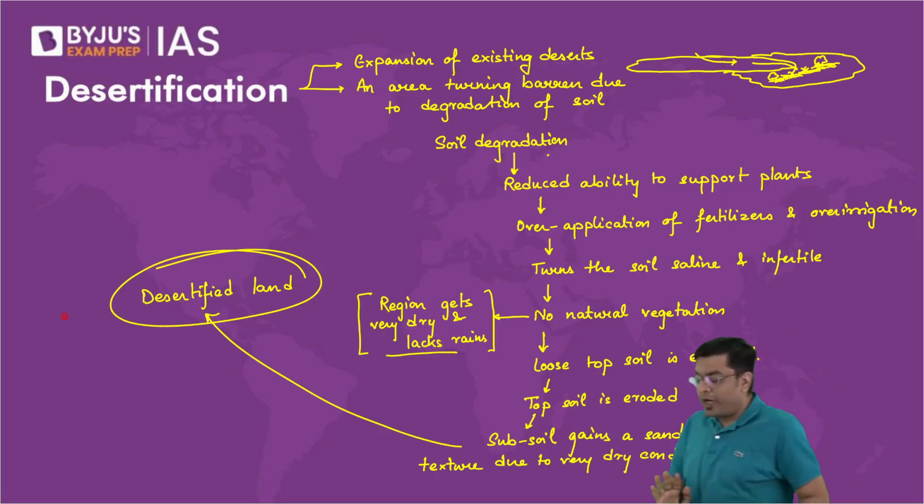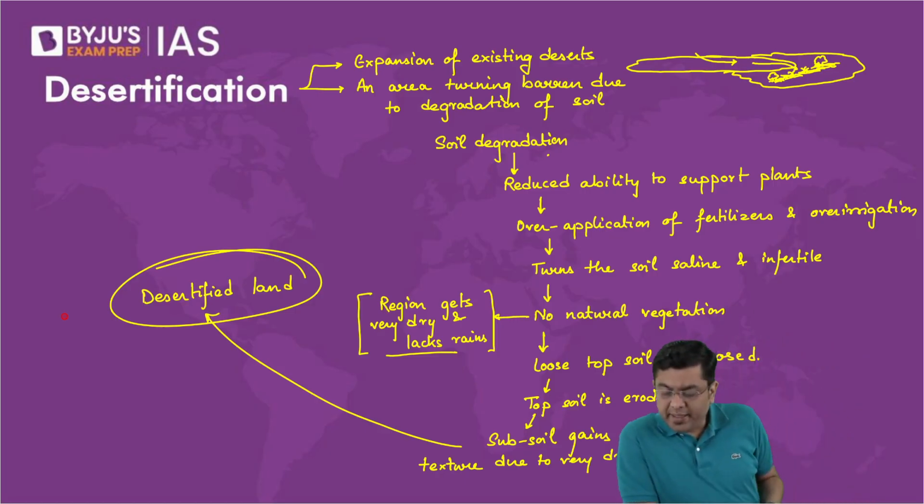Is this process understood, yes or no? Or is there any doubt in this topic? Understood? So let me tell you, this is one of those areas from where UPSC repeats questions multiple times.